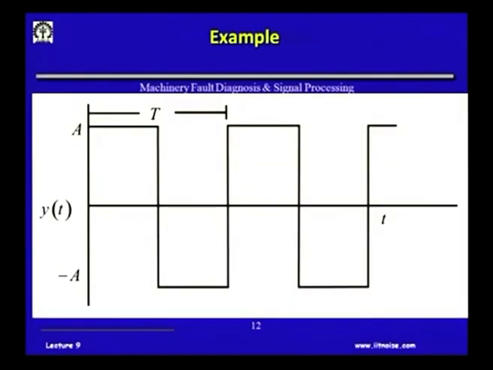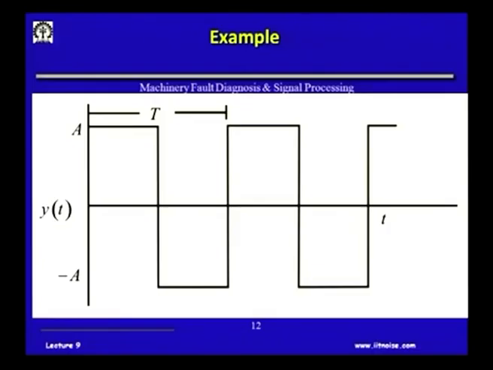So, to begin with, if I have such a signal, wherein its time period is T and amplitude is A, I can pretty well say, well, this signal has a frequency of 1 by T. So, if the signal is pure tone, I would be thinking that yes, very easily I can construct back the signal.